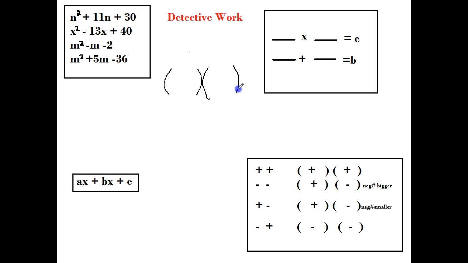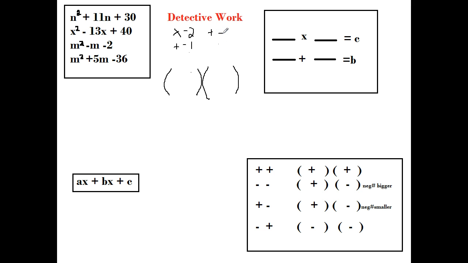We're looking for two numbers, here we are with minus minus, that multiply to -2 and add to -1.